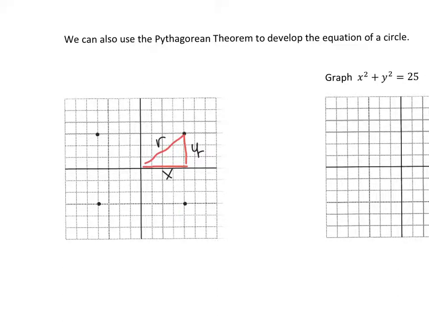And we are going to use these points to create a circle. So we are saying that the center of the circle is right here at the origin. This is the radius of the circle. So if we take this and create ourselves a circle, it would be somewhere like this.